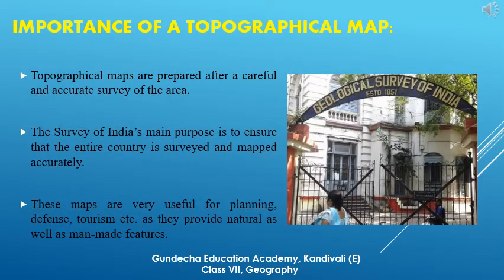Topographical maps are prepared after a careful and accurate survey of the area by the surveyor. The Survey of India is a government organization. Its main purpose is to ensure that the entire country is surveyed and mapped accurately.